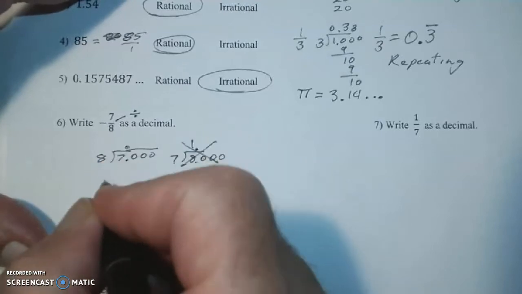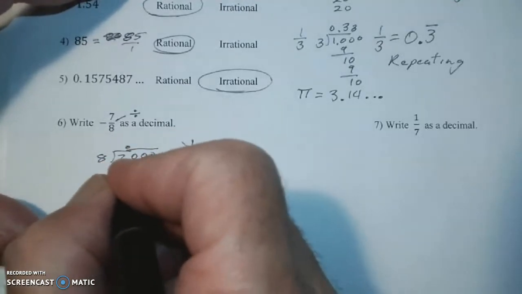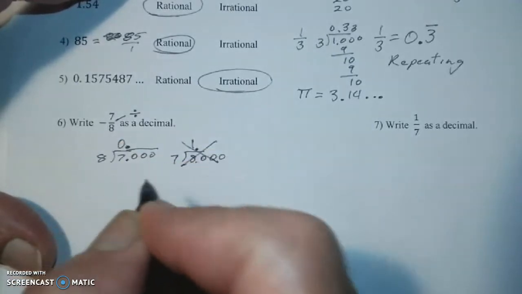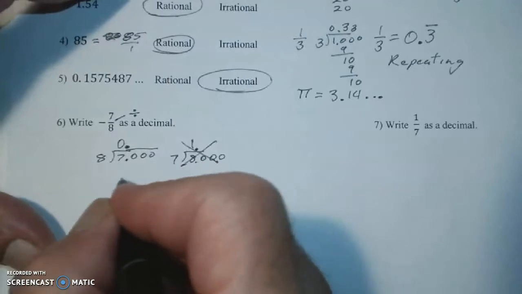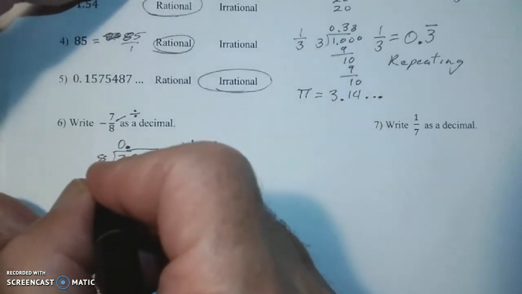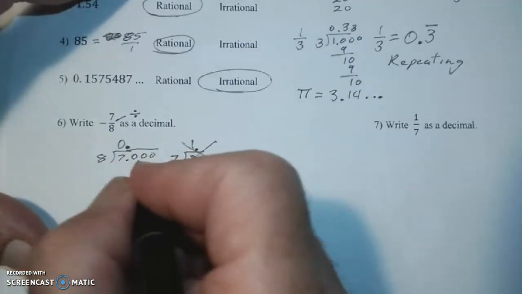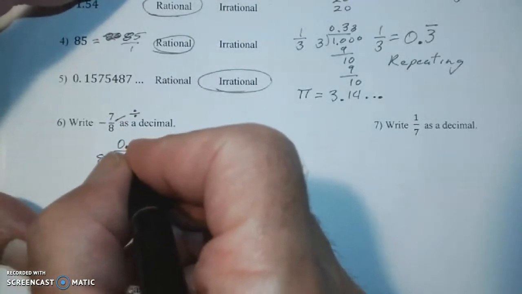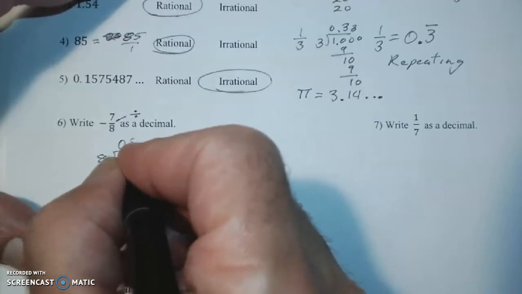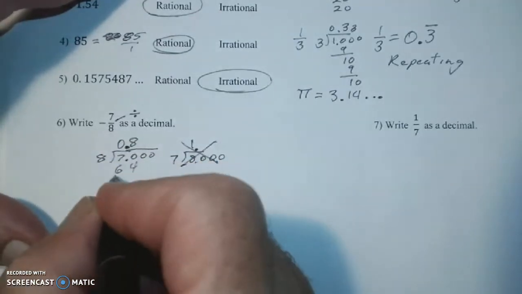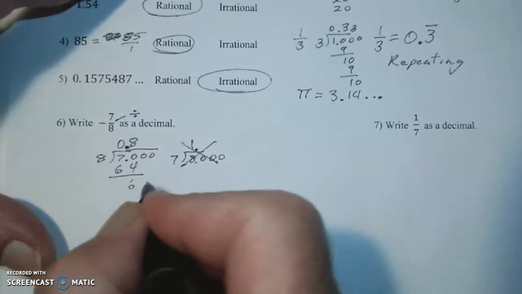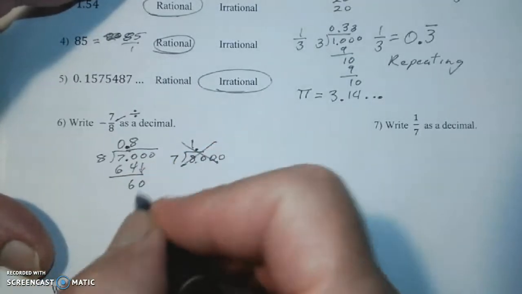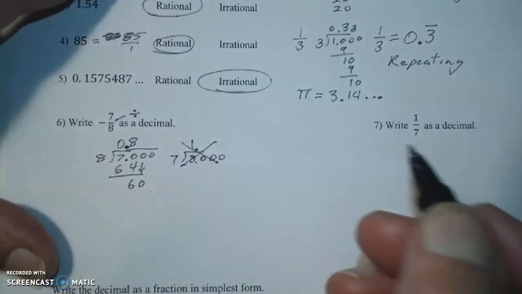The decimal point would go straight up. You would say 8 does not go into 7, so we put a 0 above it. You could put a 0 here, but I know that's just going to bring my 7 down. So instead let's do 8 into 70, and the closest we could get would be 8 times, and that would be 64. Subtract, you get a 6, bring down your 0, and then you'd say 8 would go into 60.